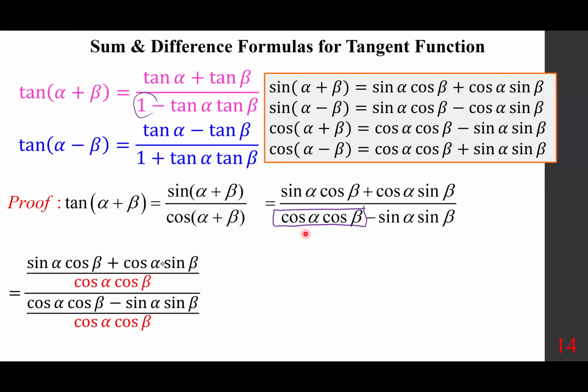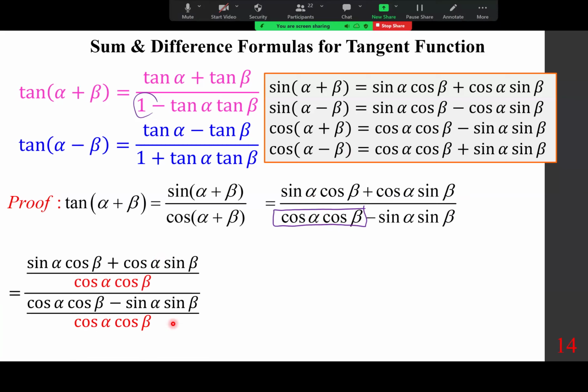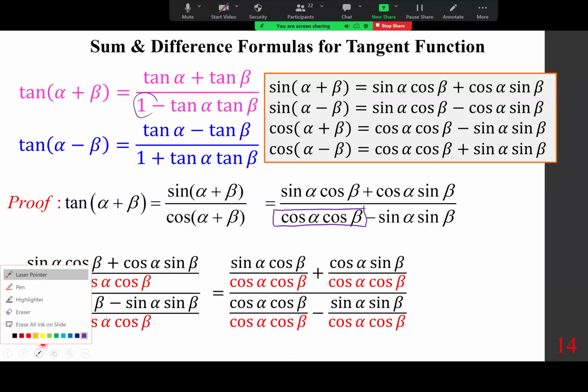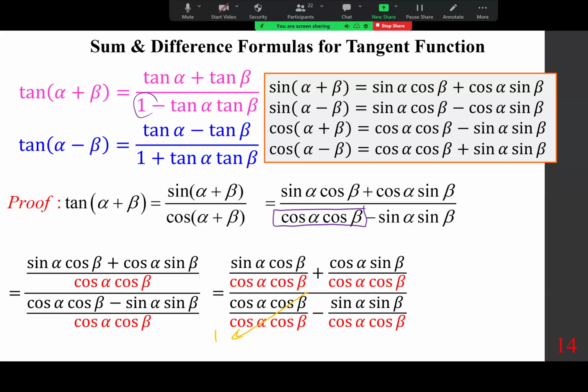Make up 2 fractions for the numerator, 2 fractions for the denominator. First and foremost, notice this is 1, because the top and the bottom are identical. Then notice this one. Sine alpha over cosine alpha is tan alpha.